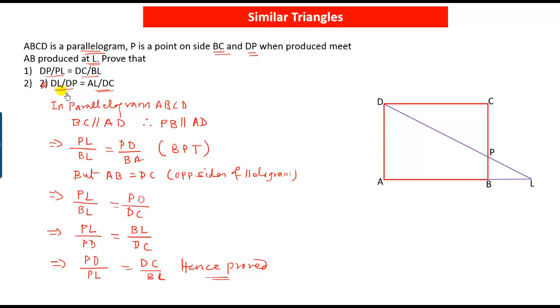Now we have to prove that DL upon DP is equal to AL upon DC. I delete this portion to make space to prove the second part.